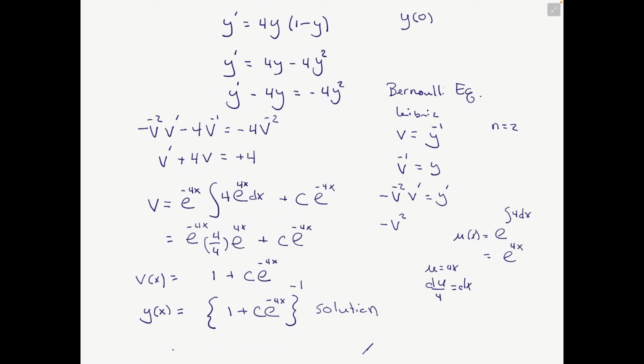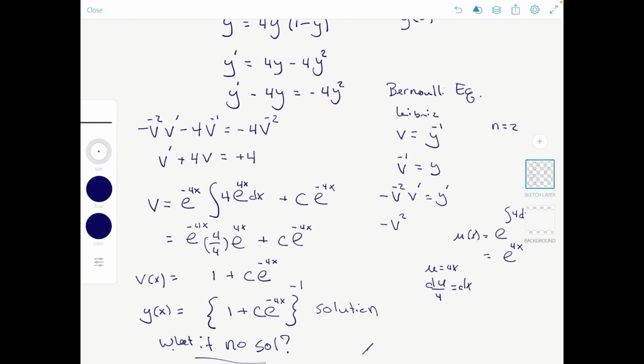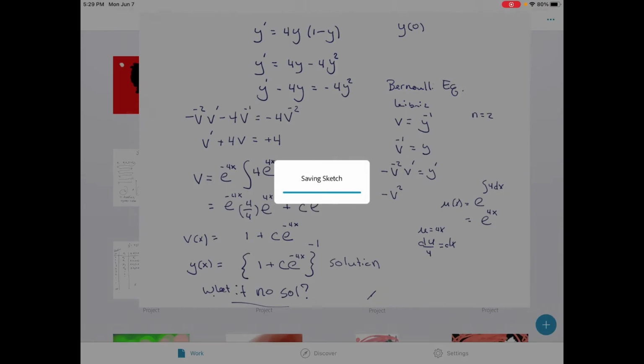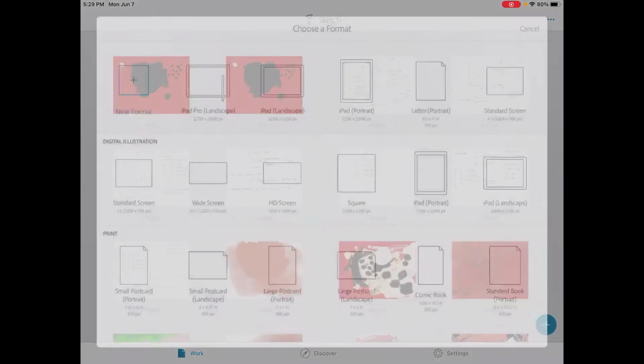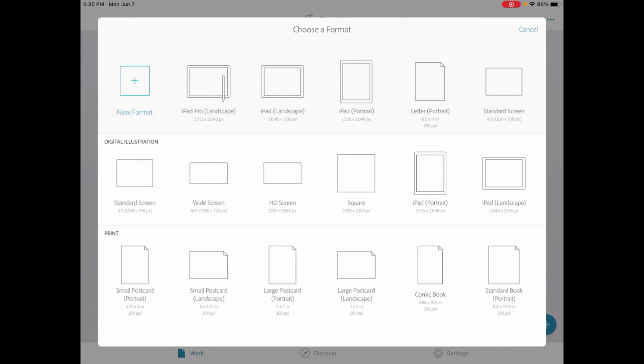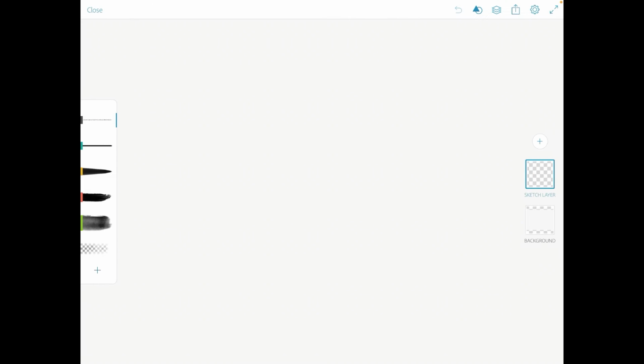But what if we couldn't solve this? What if we weren't able to solve it? What could we do? Is there anything we can do? Well, there are a lot of integrals that we can't solve.